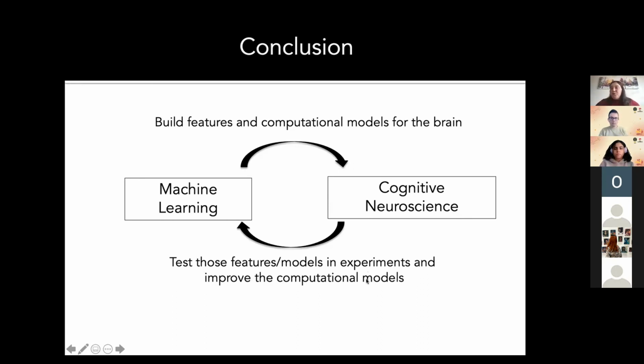And then based on your results, you can improve these models to account for your brain data much better. So in that sense, I think machine learning researchers and cognitive neuroscientists should work together, if we want to understand the human brain, and not only the human brain, but in general the brain, the nervous system, very well.